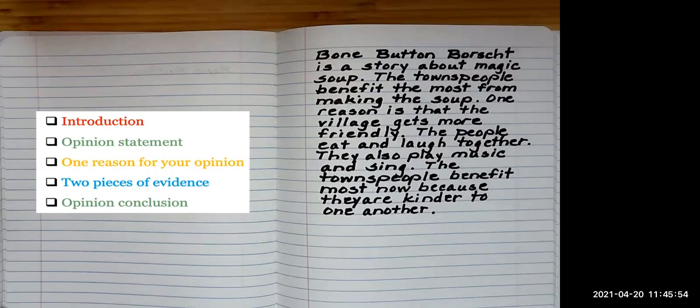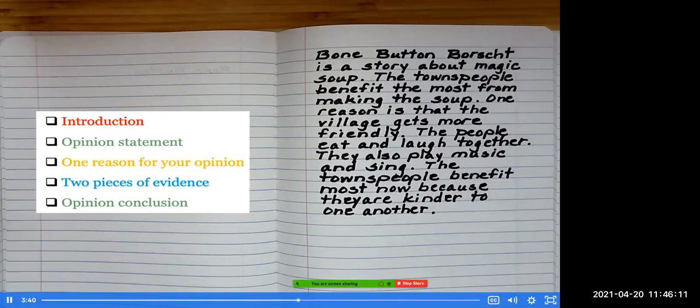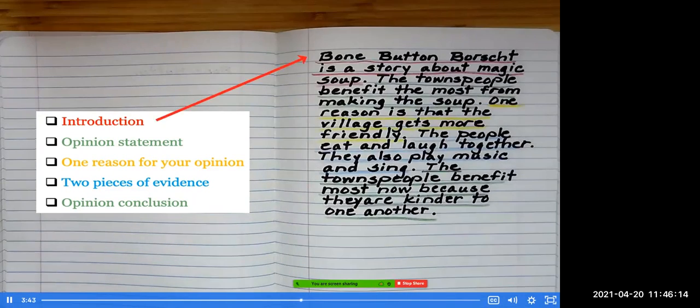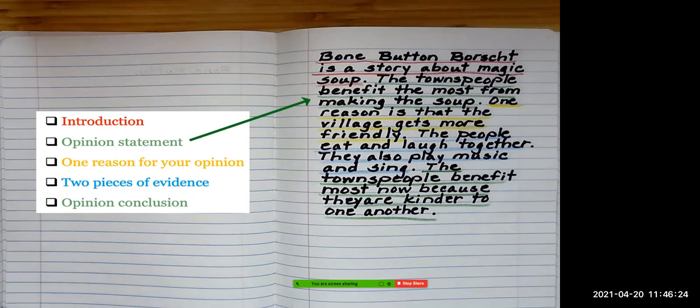Please pause here to read over the paragraph on your own and to locate all 5 parts of the opinion paragraph. Just hit play when you're ready to continue. The introduction states the name of the book and also tells us a little bit about it. The opinion statement clearly states who I think benefited the most from making soup.